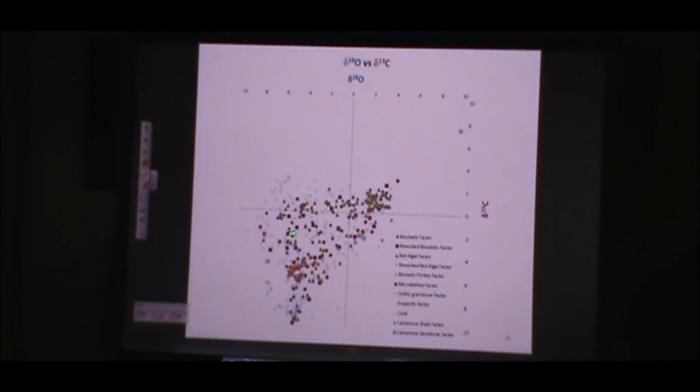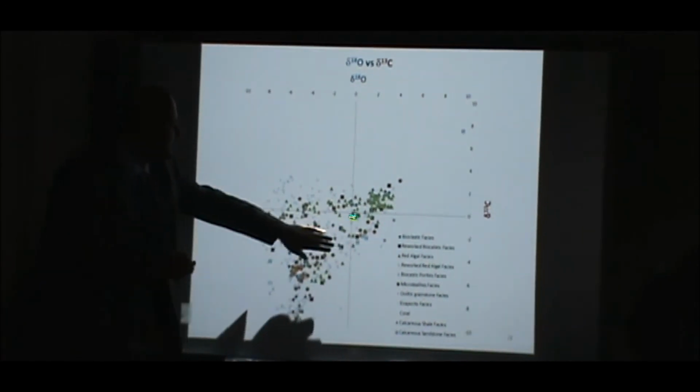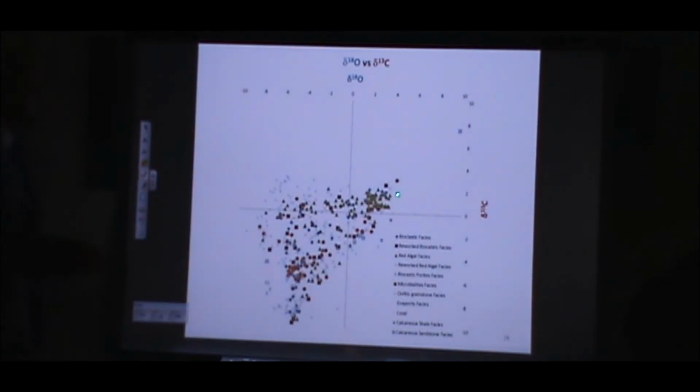The rest is peritidal facies, usually in the lower part here. So if we just exclude this depleted lower part and look above the x-axis, we still see the subtidal facies mostly here, and the oolitic facies, the positive, is mostly on the left side. So even the preserved facies are still showing facies control.